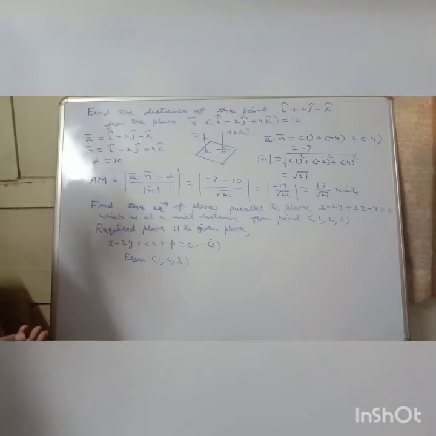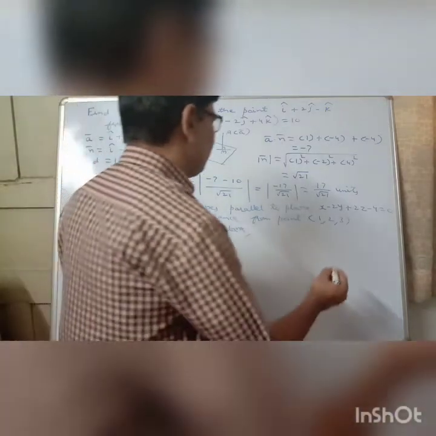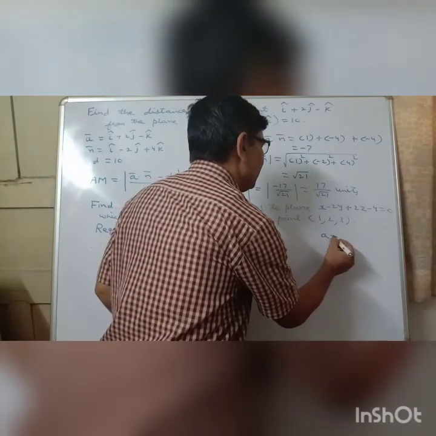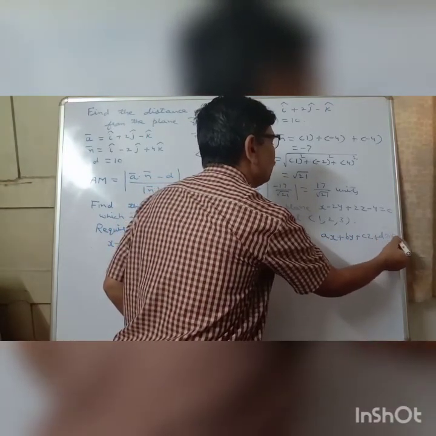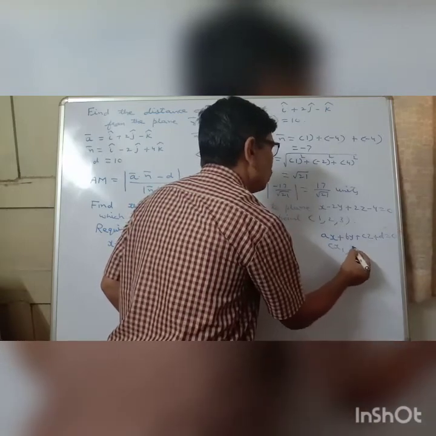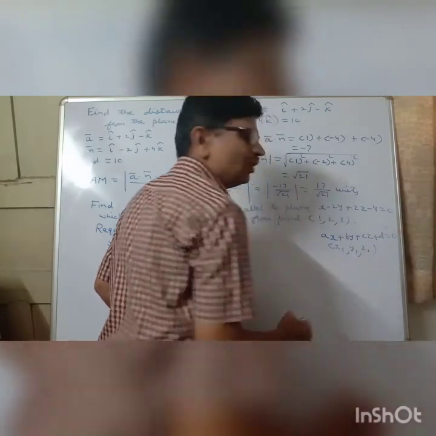Now we can find distance between plane and point if equation of plane is in Cartesian form and coordinates of point are x1, y1, z1.